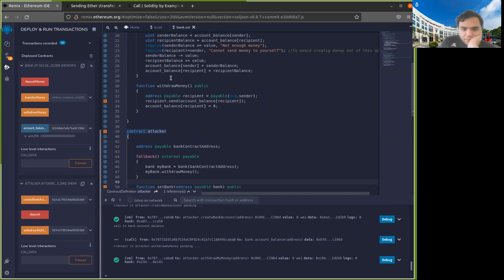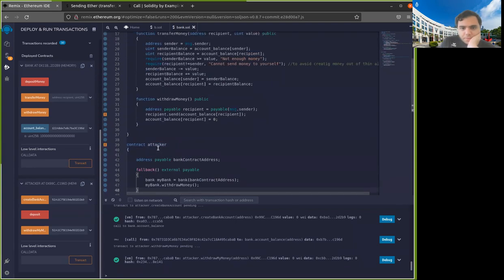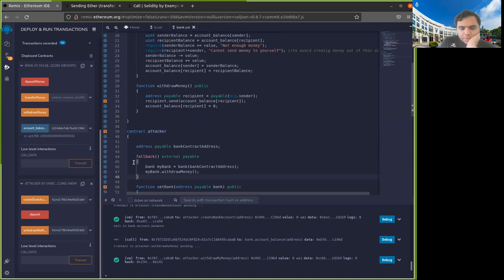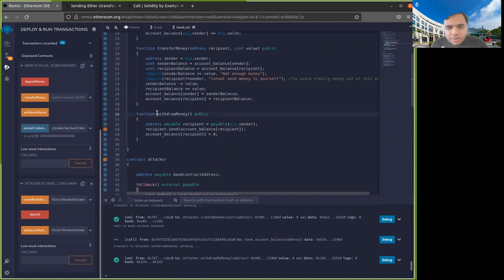Now, why is this a problem? This is a problem because, well, with this attacker contract, I can now pay 1 Ether to my bank, and then I can call withdraw money. What would happen here is that the bank will check, okay, my account balance is 1 Ether, so it will send me 1 Ether.